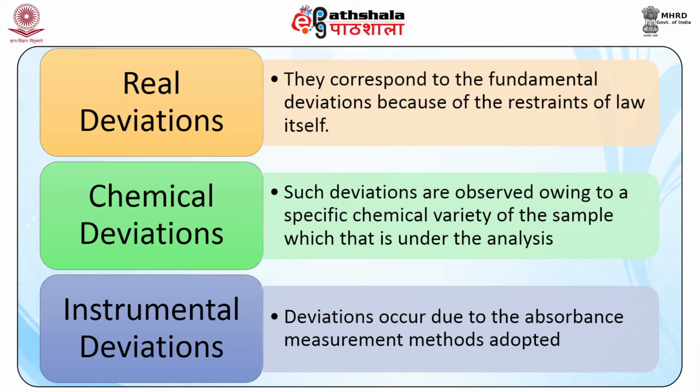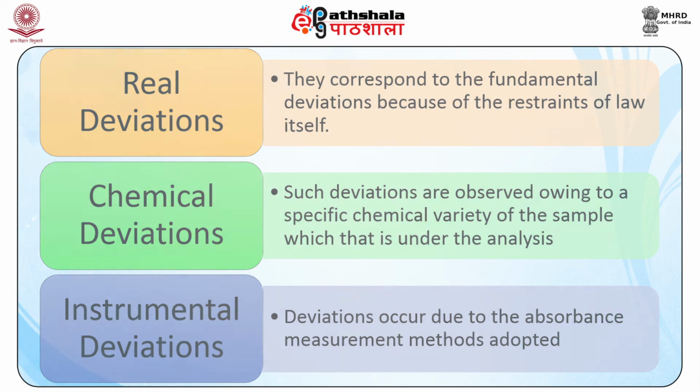Second is the chemical deviations, which are observed owing to a specific chemical variety of the sample that is under analysis. Next is the instrumental deviations. These deviations occur due to the absorbance measurement methods adopted. All of these deviations will be discussed one by one.